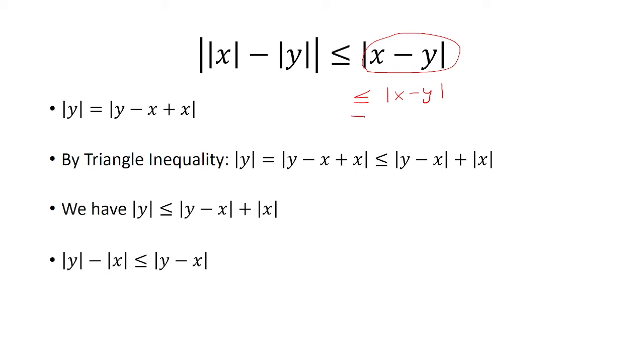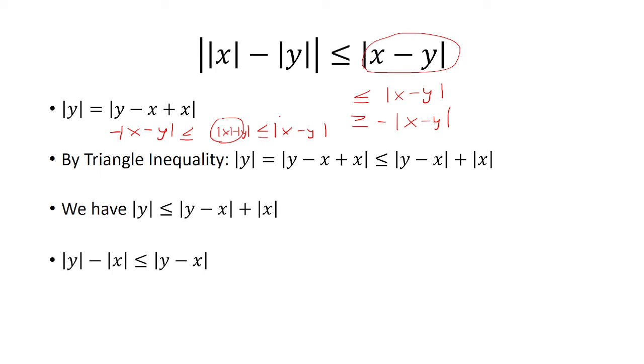My goal is to get something that is greater than or equal to negative the absolute value of x minus y, because I want whatever is in here to be between these two bounds. Namely, I want the absolute value of x minus the absolute value of y to be greater than or equal to negative the absolute value of x minus y and less than or equal to the absolute value of x minus y.